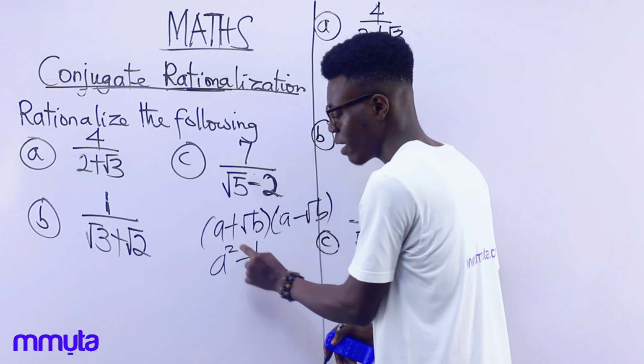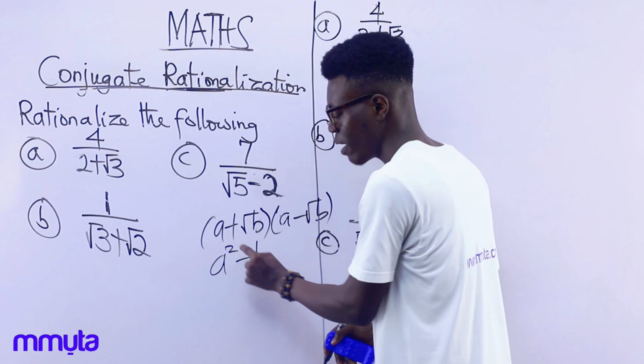That's the conjugate. So in this case, we are going to have 7 times root 5 is 7 root 5, plus 7 times 2 is going to give us 14, all over. In this case, we are going to have root 5 times root 5, which is 5, then minus 2 times 2 is going to give us 4.